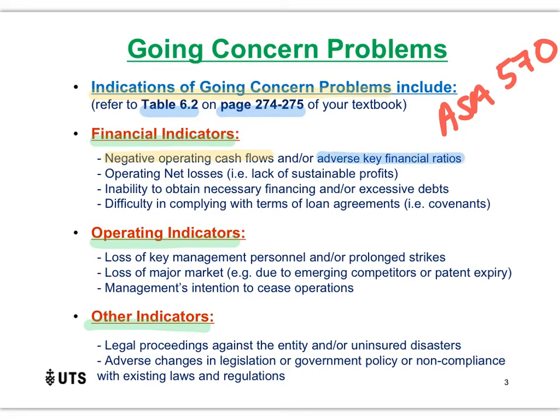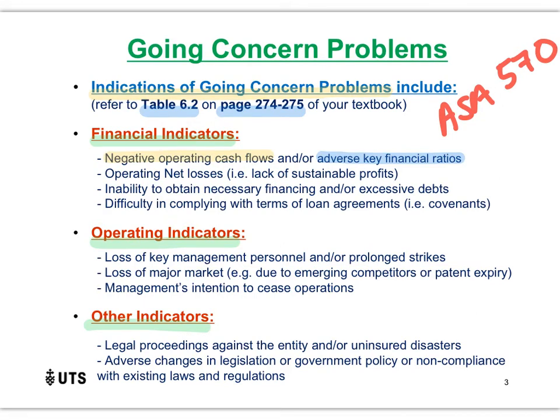So for example, they have a current ratio that's less than 1. Now, a current ratio that's less than 1 will indicate that for every $1 of current liabilities, they have less than $1 in current assets to cover them. So that may indicate, again, a going concern problem. It may indicate difficulties in paying their debts as and when they fall due.